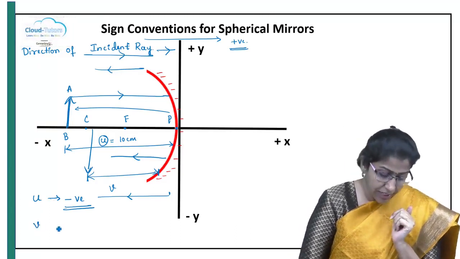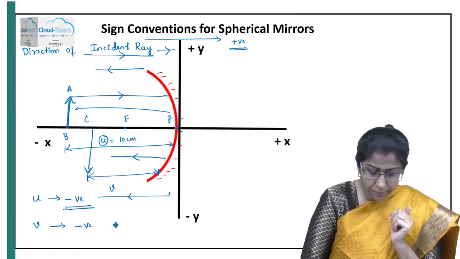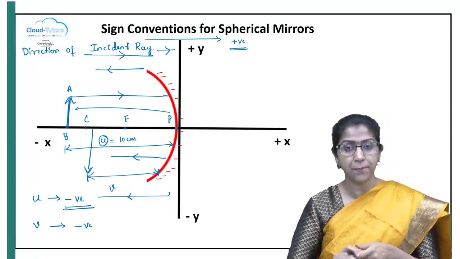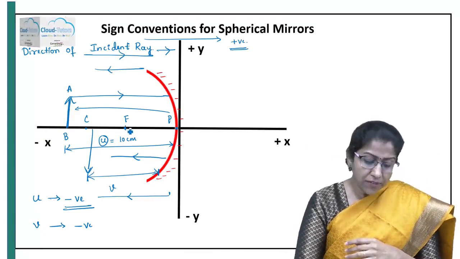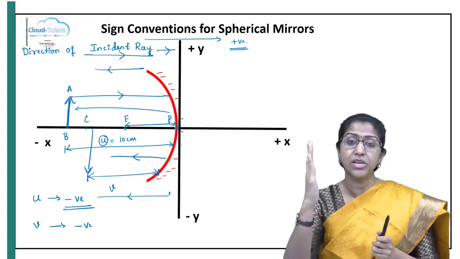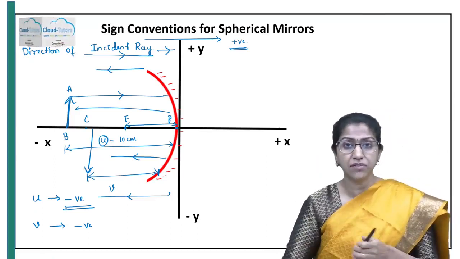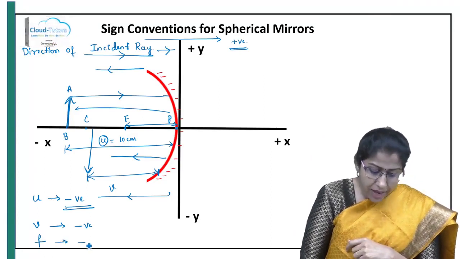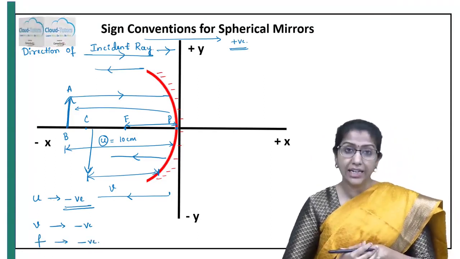Hence, V is also negative, because we measure in the direction opposite to the incident ray. The focal length of the concave mirror is also measured opposite to the direction of the incident ray, and hence in a concave mirror, F is also negative.